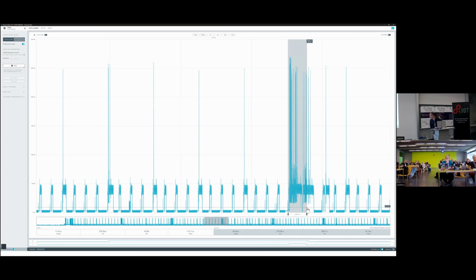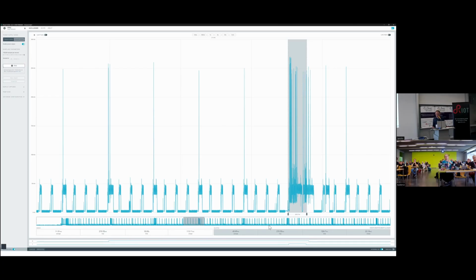Can anybody read this? I think this is around the 600 millisecond mark. And that's the electric charge that was being used. 23 millicoulomb is what this handshake took in power consumption.